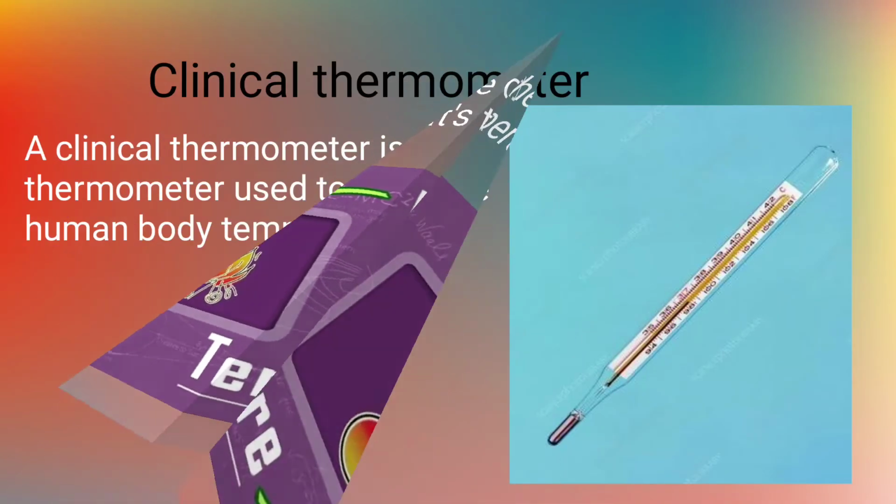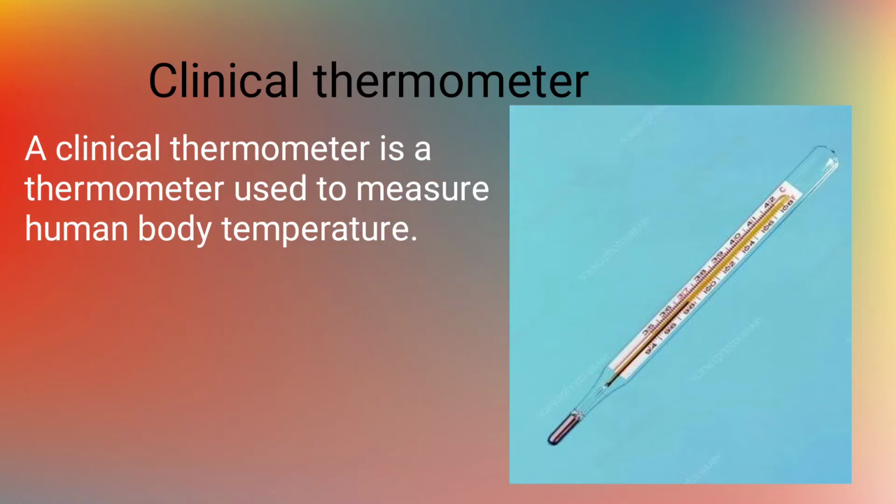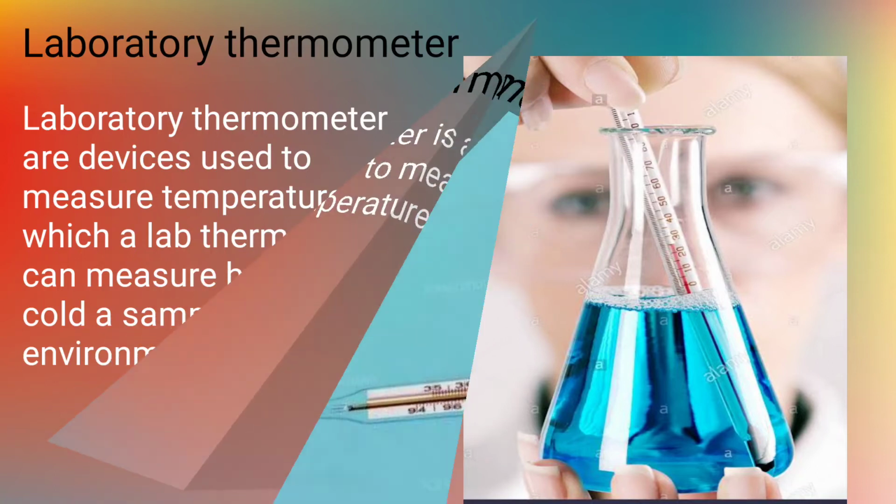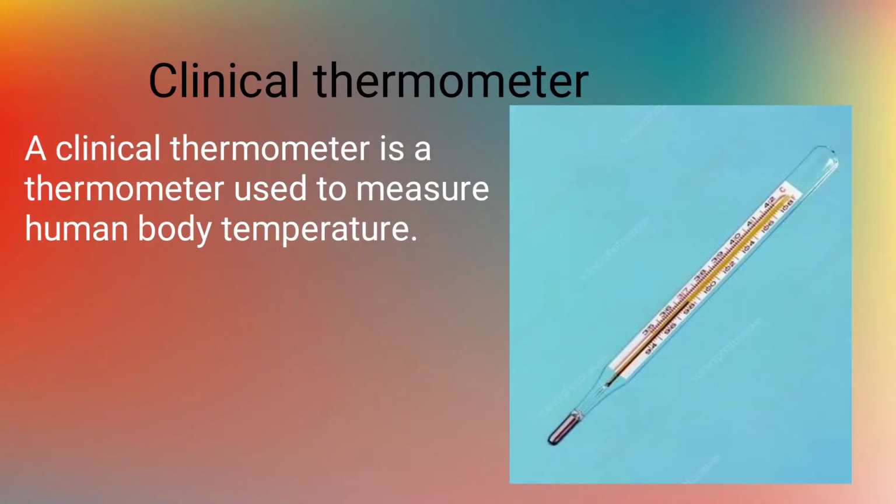Now, temperature is measured by the thermometer. Let us discuss two types of thermometer. One is the clinical thermometer, the other one is the laboratory thermometer. Now, my dear students, if one of your family members had fever, how would you find out? By using a thermometer, right? So, that thermometer is a clinical thermometer.